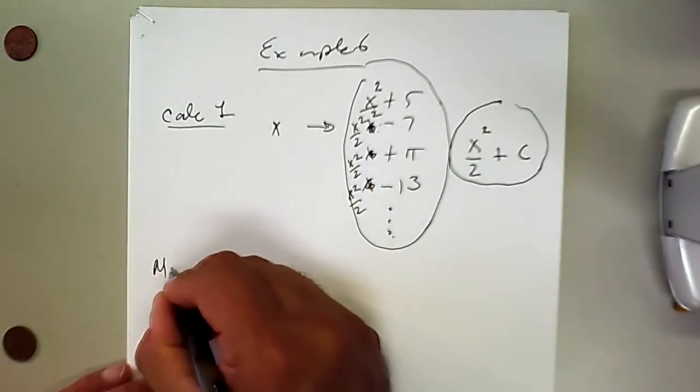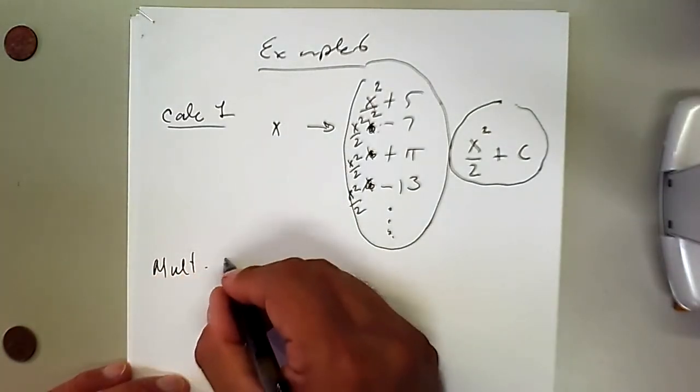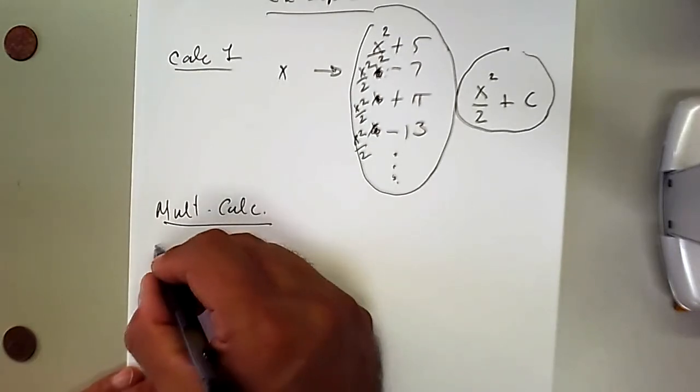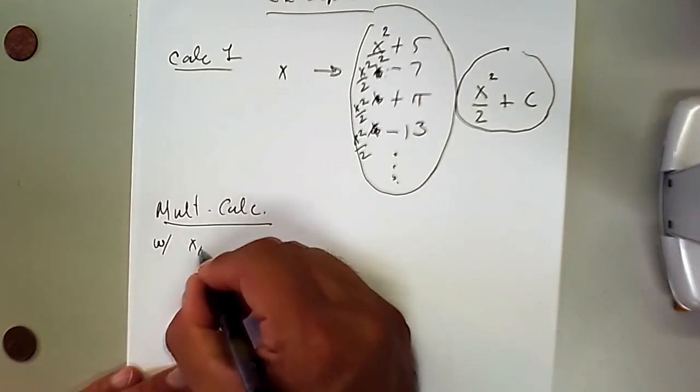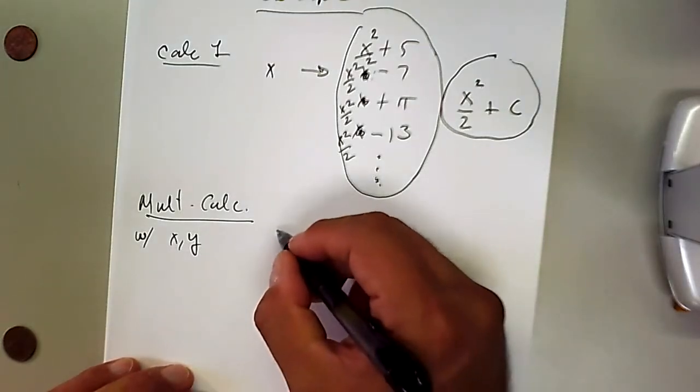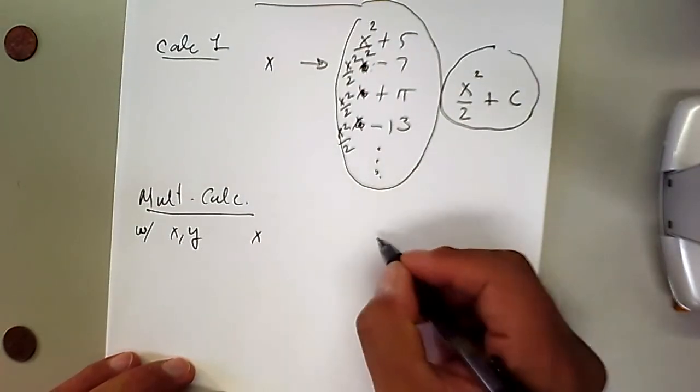But in multivariable calculus, we have to be specific with x and y, because we could have x, y, and z. What is the antiderivative of x?